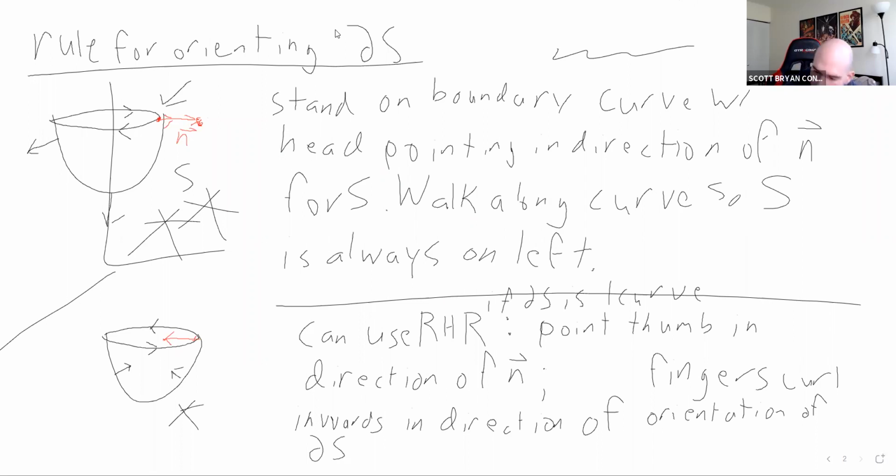One thing you could do is draw your little stick figure and then just draw the left side. Let's do that down here. In fact, let's do a cylinder here.